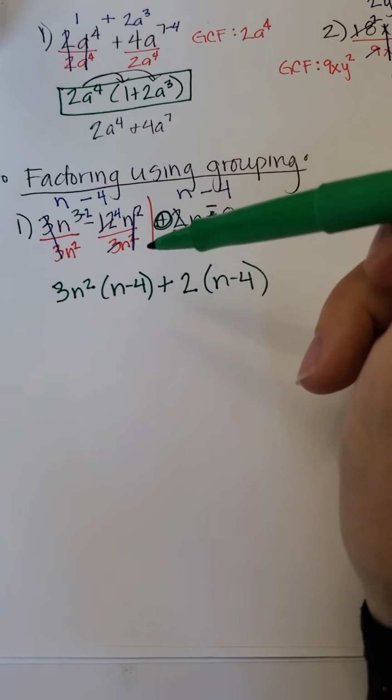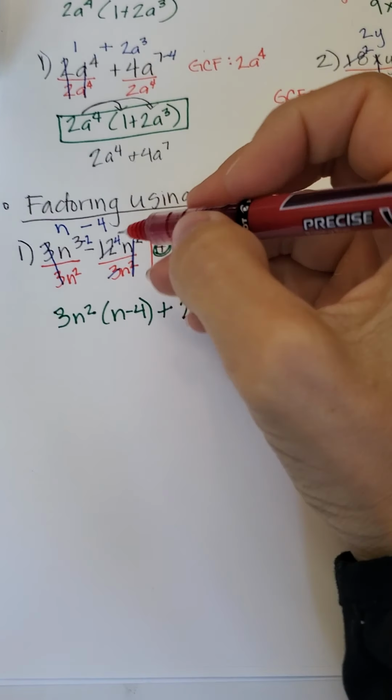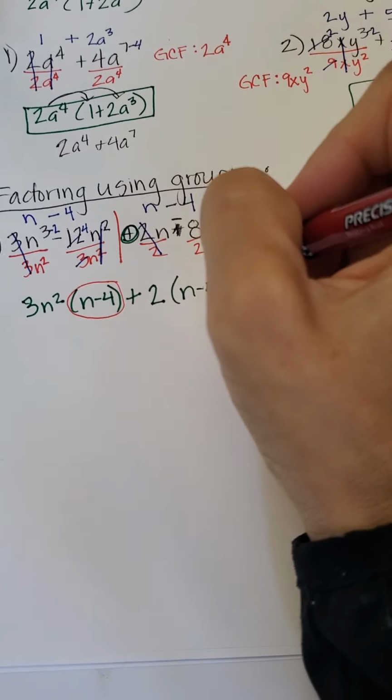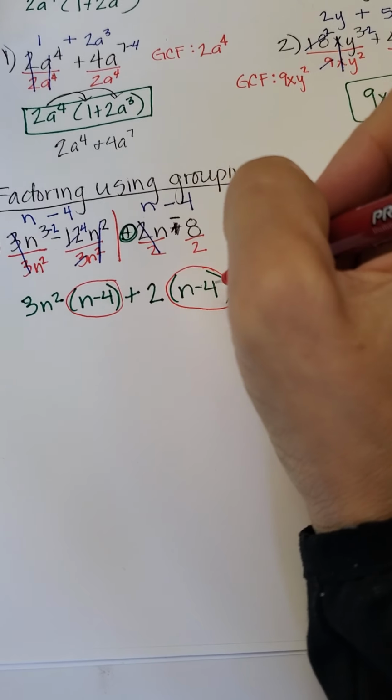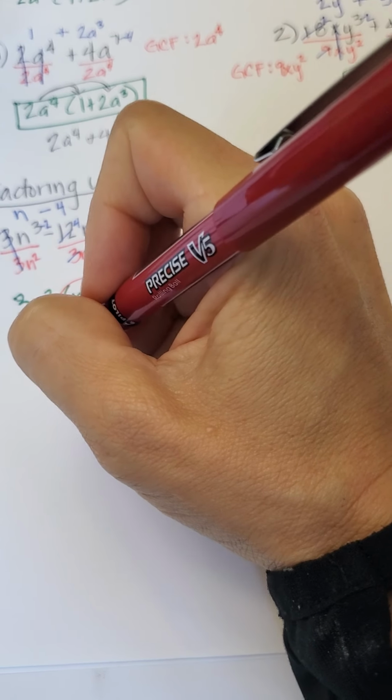Now the next thing is we have to see that there's another GCF here. Notice n minus 4 is here and n minus 4 is here. So n minus 4 becomes my new GCF, and I'm going to factor that out front.